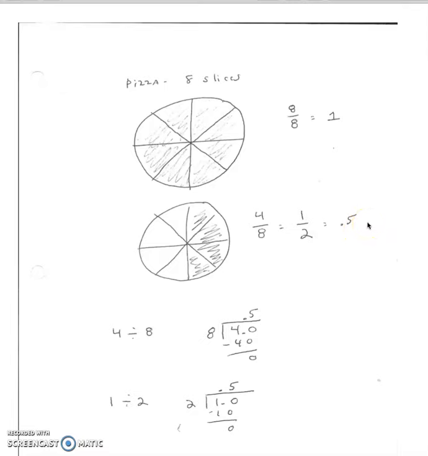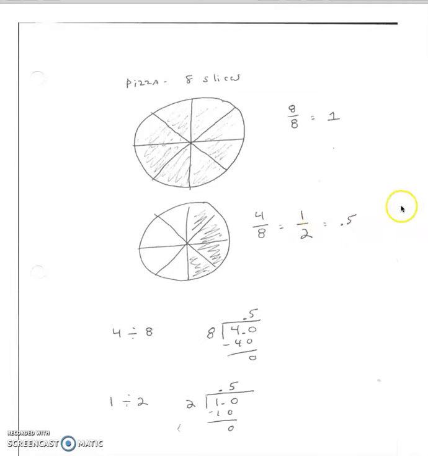right. Okay, so we have fractions, which show us a part over the whole, which is the top divided by the bottom. We want to reduce fractions to the smallest equivalent fraction. And then when we divide the top number by the bottom number, it gives us a decimal, 0.5.